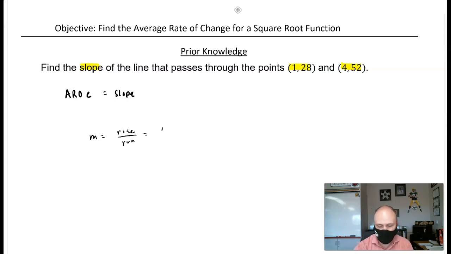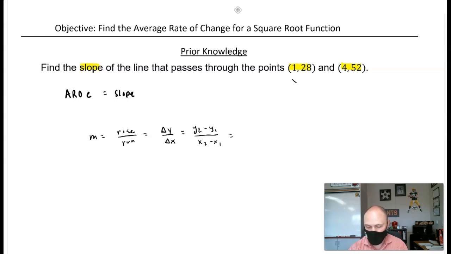Rise, that's also known as delta y. Run, that's delta x. How are my y values changing? What's that value? Divided by the change in my x values. So we do have a formula here, y2 minus y1 over x2 minus x1, and we're just going to calculate the slope between these 2 points.